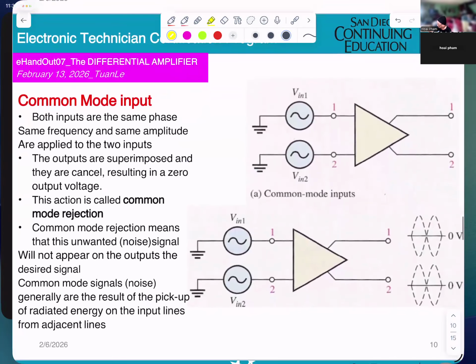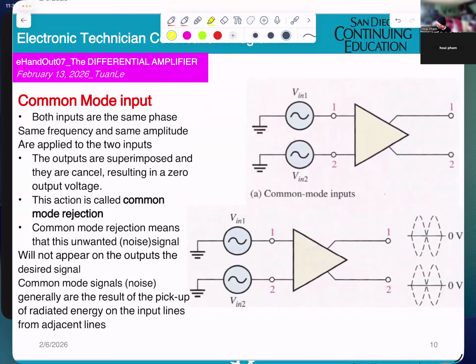Common mode input: both inputs are the same phase, same frequency and same amplitude, applied to the two inputs. The outputs are superimposed and they are cancelled, resulting in a zero output voltage.